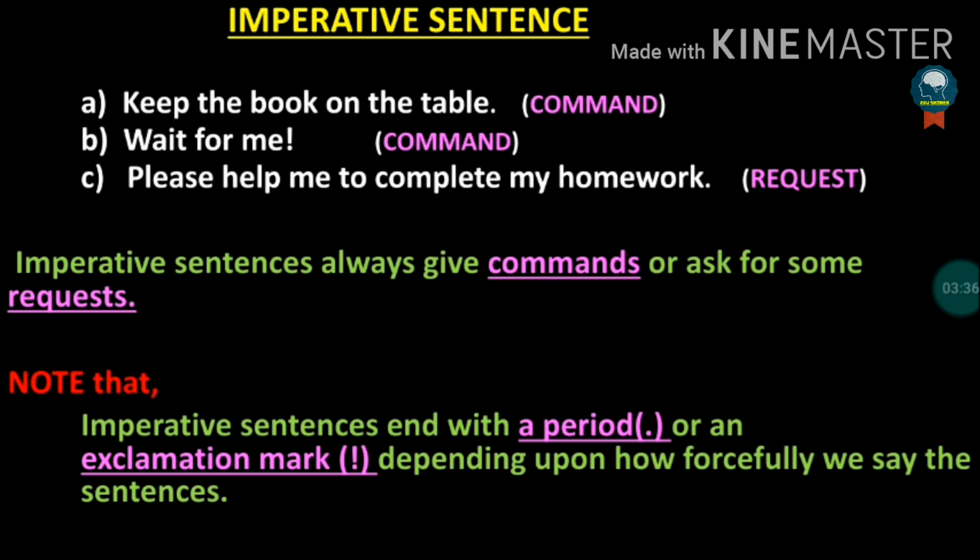Number A, keep the book on the table, and number C, please help me to complete my homework, end with a period or a full stop. But number B, which is wait for me, ends with an exclamation mark. We have here used an exclamation mark only because the sentence wait for me is said more forcefully or with more emphasis.